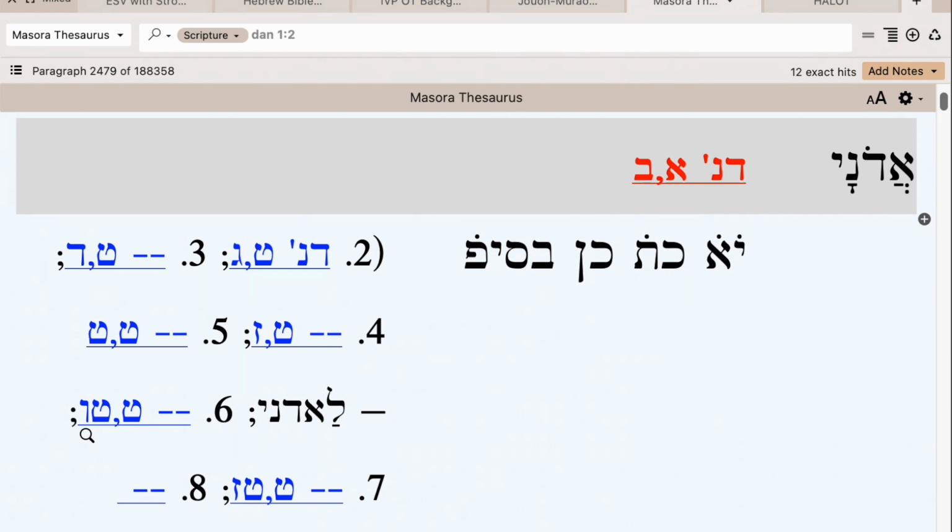So you may be asking, well, why wouldn't you write Yud He, 10-5, right? And the reason is because that looks like an abbreviation for the tetragram. So Tet Vav is used instead. So Daniel 9:15, and then Daniel 9 Tet Zayin, 9:7. That makes 16.